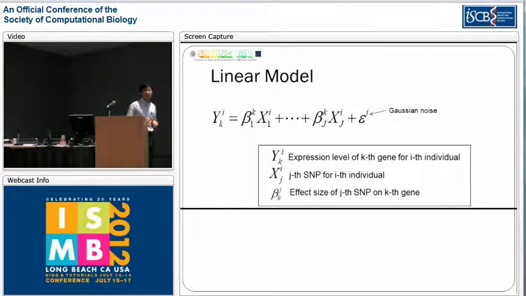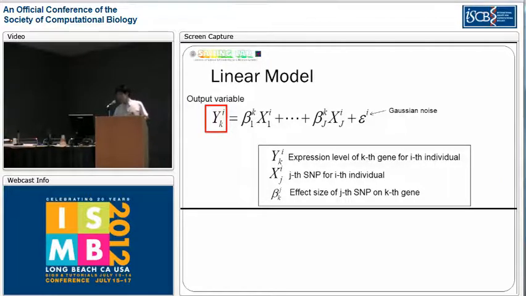And now let me move on to the model that I'm going to use for the following algorithms. I'm going to use a linear model, which is represented by this. Here we have output variable y, which represents the expression level of the kth gene for the ith individual.